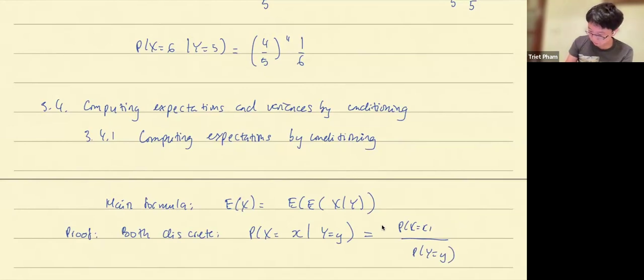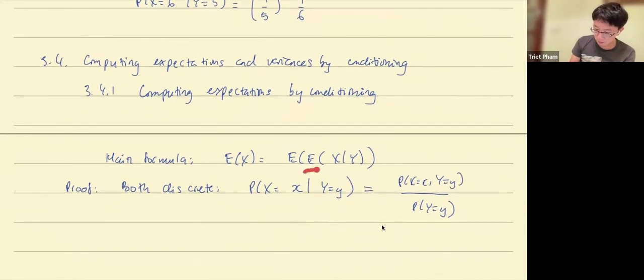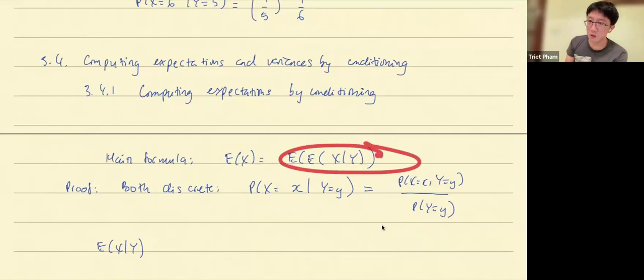So what does it mean to have the expectation of x given y? Pay attention. There are several difficulties here. The first difficulty, of course, is to find what to condition on. We'll talk about that later. But even to execute this calculation correctly, notice there are two layers of expectation, the inside and the outside.